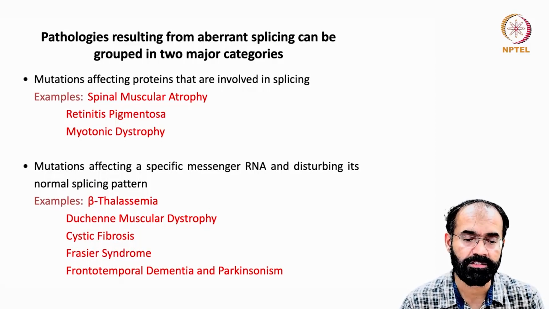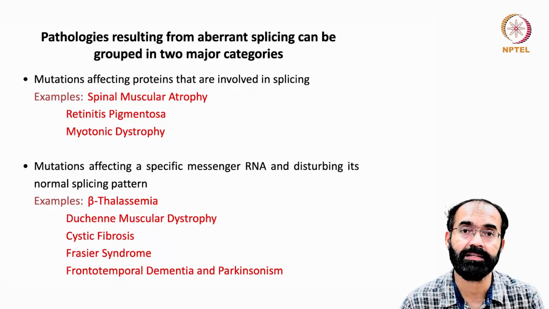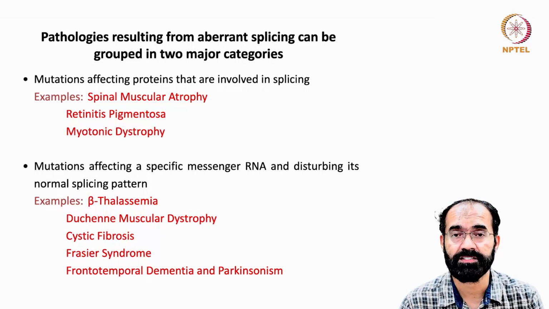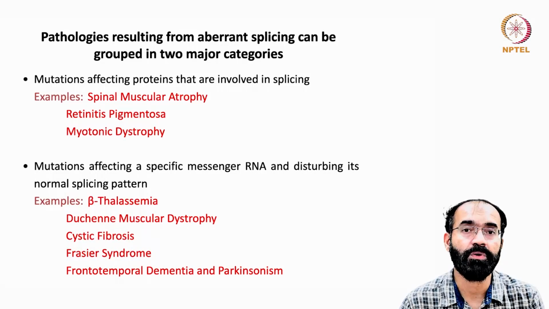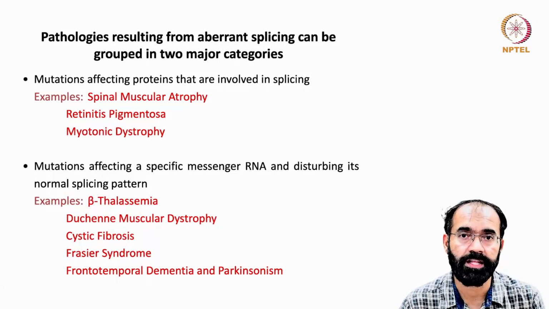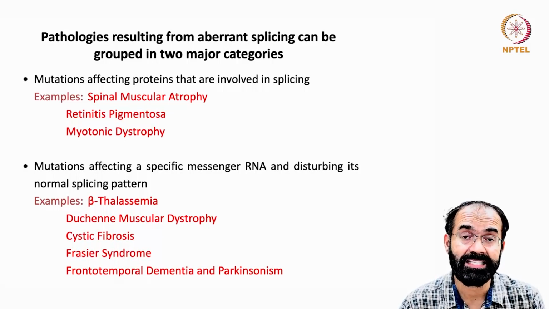Otherwise, spinal muscular atrophy is a destined death. There is no way you can recover from that naturally. And then retinitis pigmentosa, a very serious cancer condition, and myotonic dystrophy. So these are some of the major, very prevalent diseases that occur in humans because of mutations affecting the splicing machinery itself.